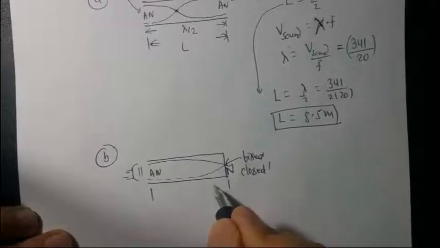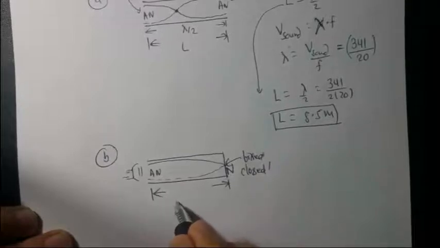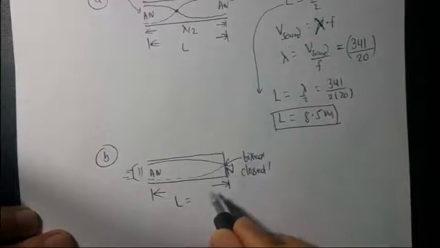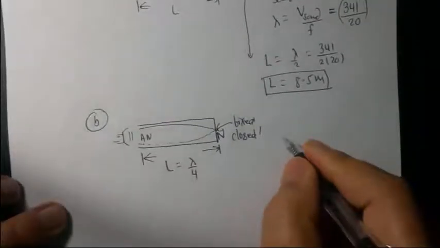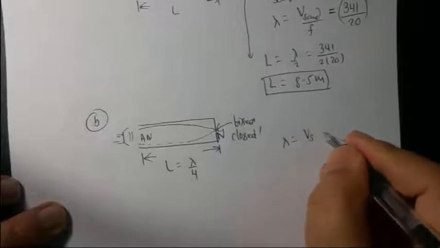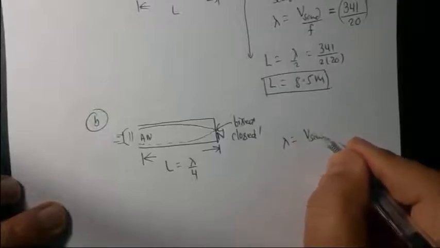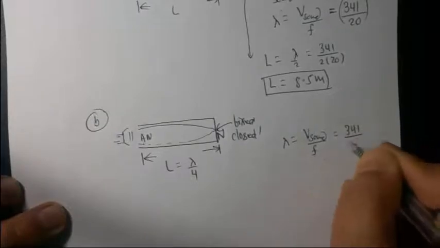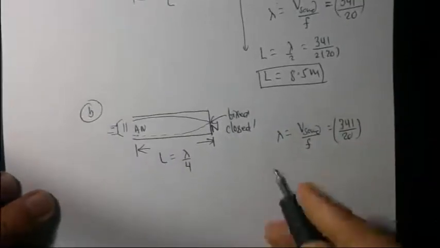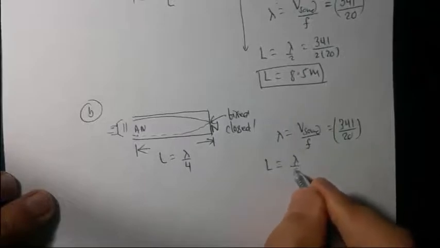So it has to satisfy this boundary condition. Antinode to node is lambda over 4, right? And again, lambda is the speed of sound divided by frequency. So speed 341 divided by 20 hertz, and L has to satisfy lambda over 4.